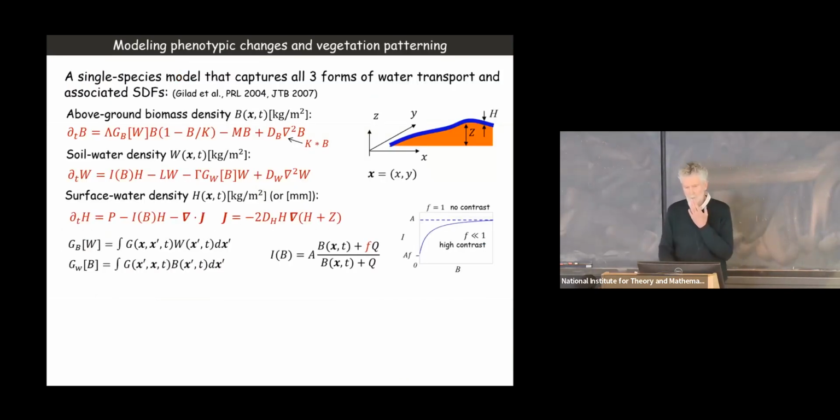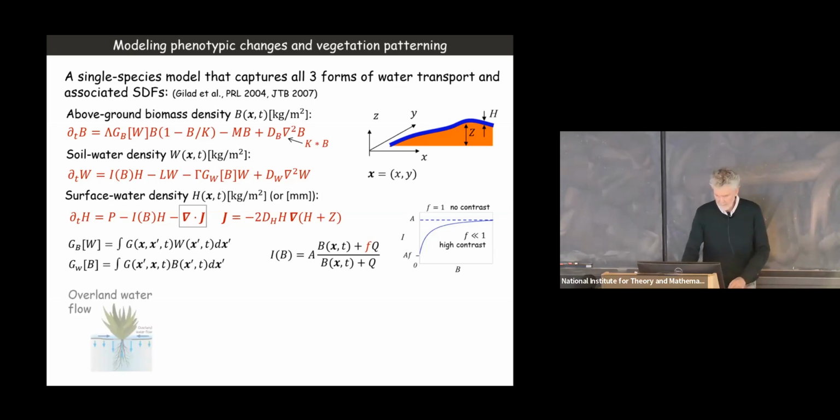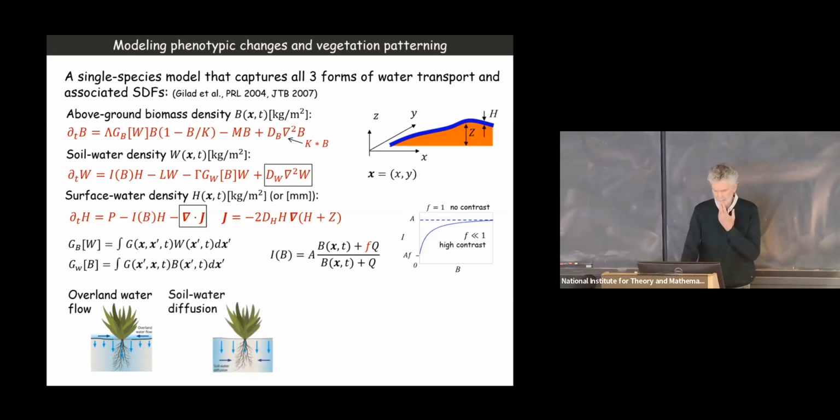Okay, so we want to model those feedbacks and 3 water transfer mechanisms, and this is a model that does that. The overland water flow is captured by the water flux of surface water, the soil water diffusion term in the water equation.